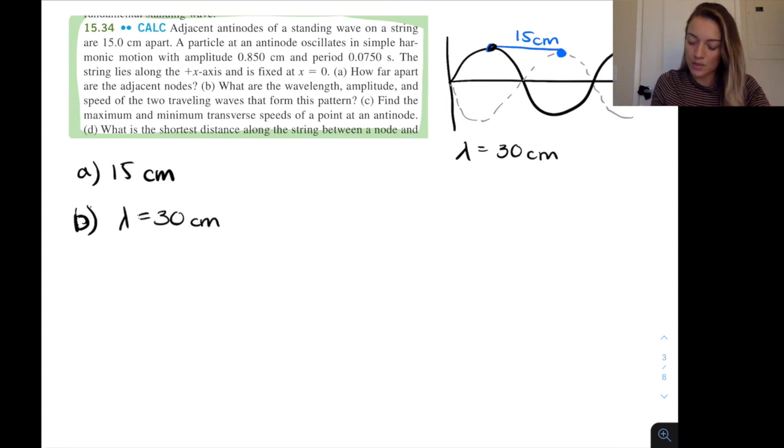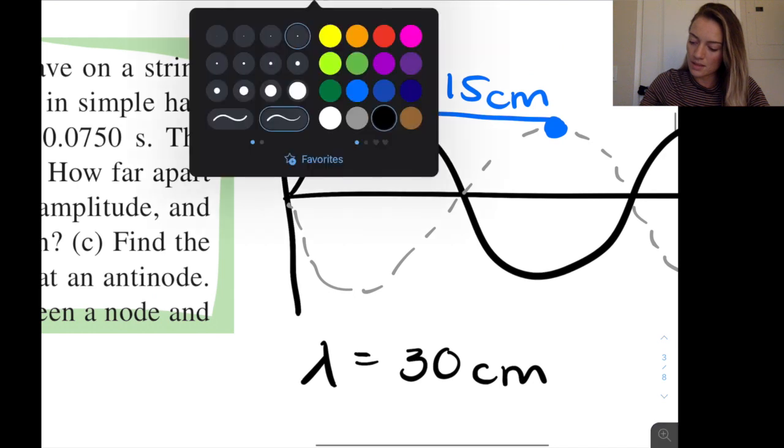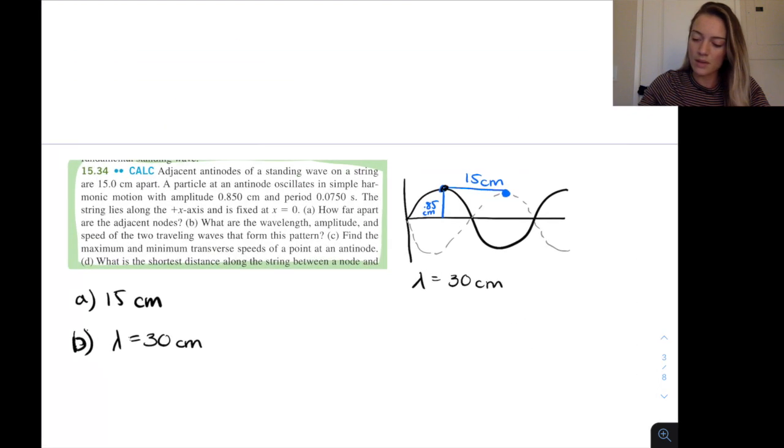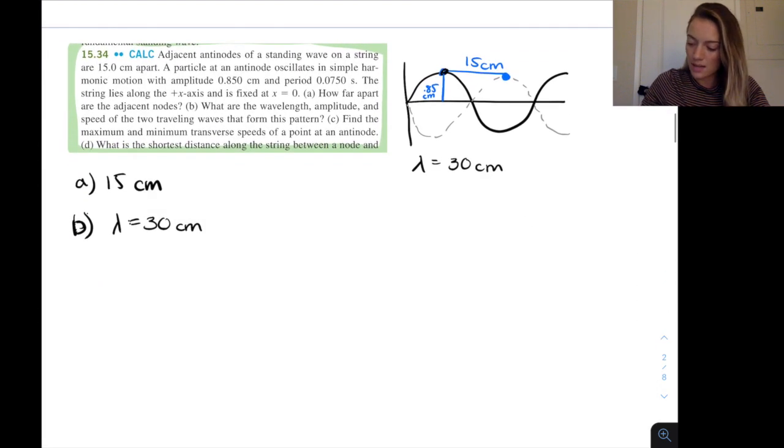Then the amplitude of each wave. They told us that an antinode oscillates in simple harmonic motion with an amplitude of 0.85 centimeters. So that means this distance here is 0.85 centimeters, right? But remember our equation for a standing wave.